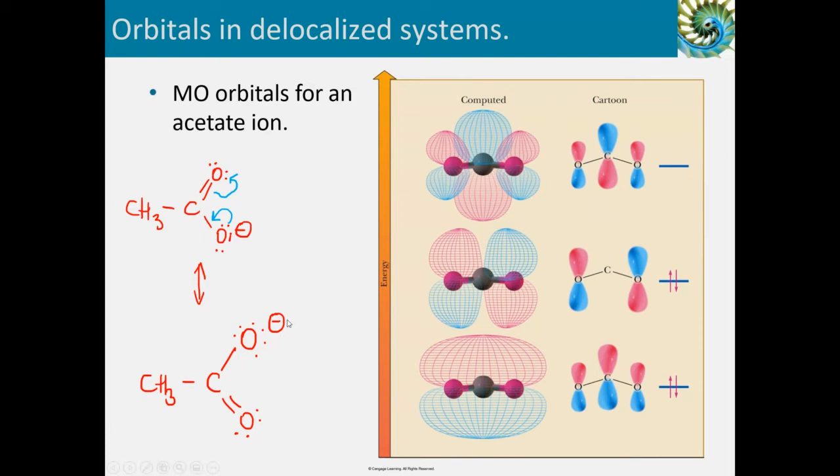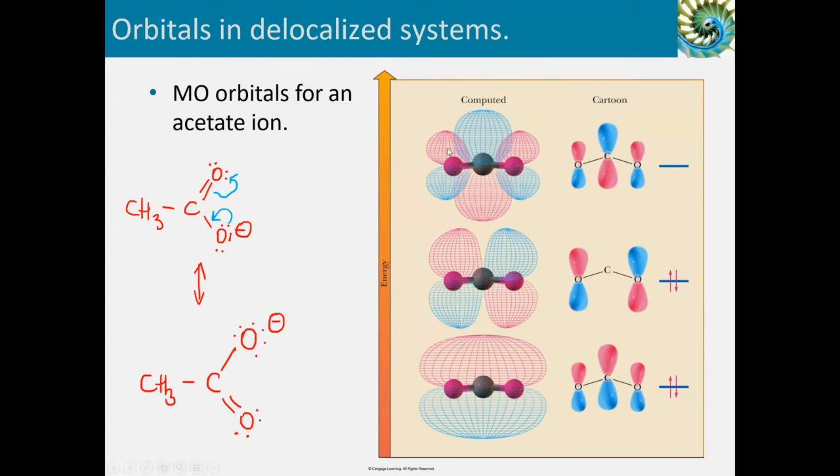Because in order to delocalize the electrons, you have to have the orbitals oriented properly, and they have to be in line on the same plane. That means they cannot be sp3 or sp2 hybridized. They have to be just p orbitals. So the delocalization occurs only on the p orbitals here.